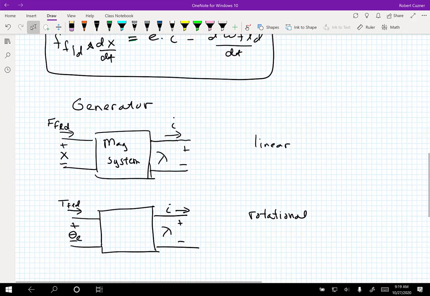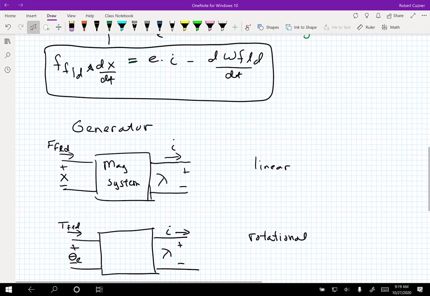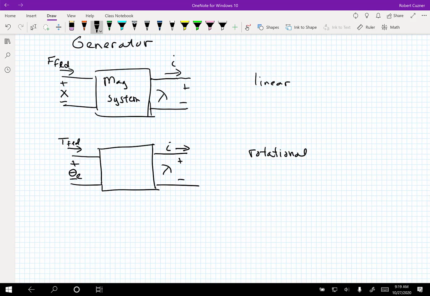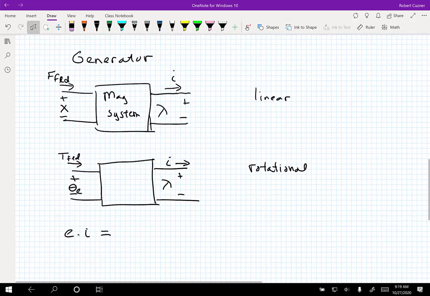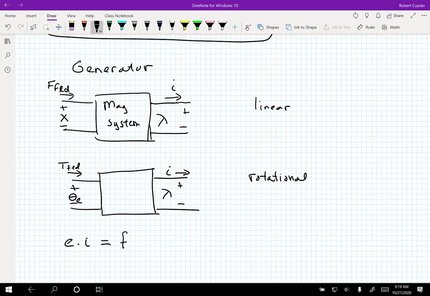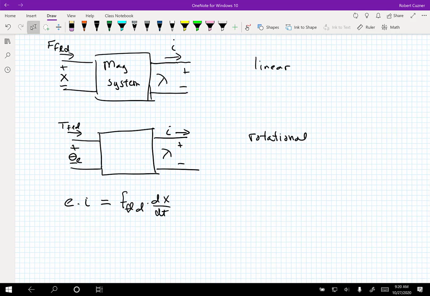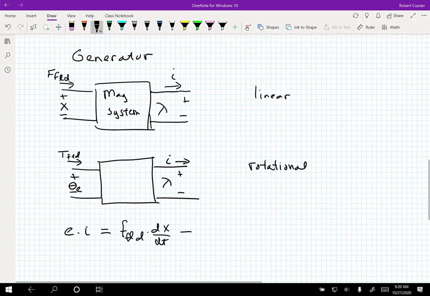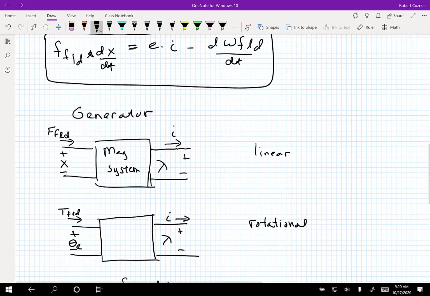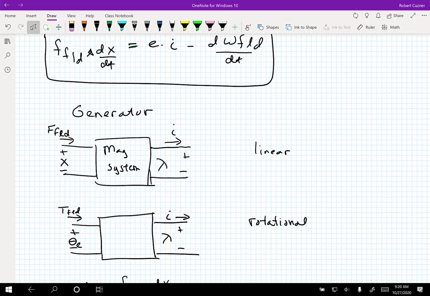And then the equation that we would have in this case would be E times I for the linear system, which is where we're going to start. The input force times the derivative or change of position with time minus the, let's see, I think this is now going to be a positive.